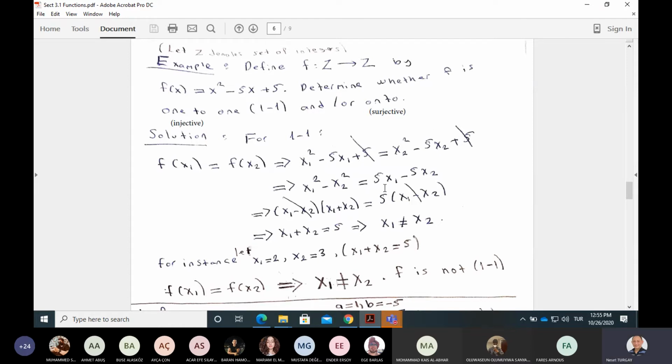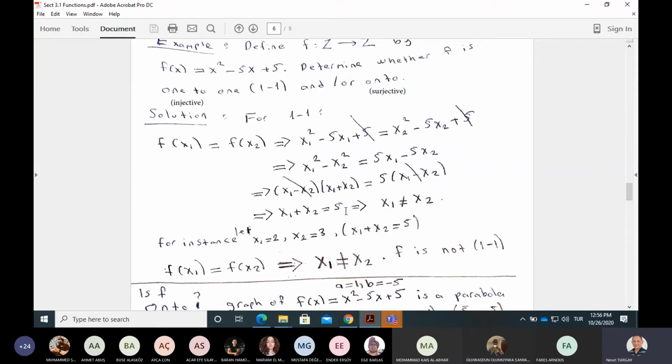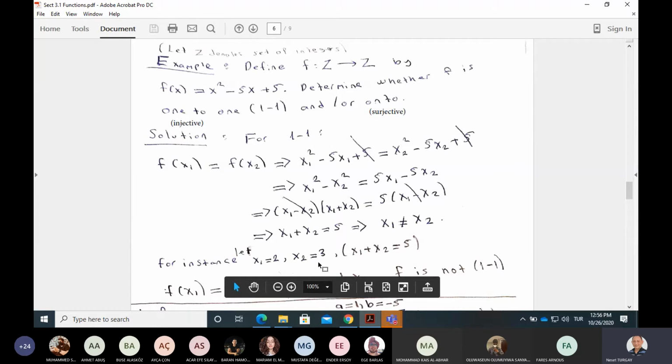Now, this you can write like 5 times (x1 minus x2). In here, you can write x1 minus x2 times (x1 plus x2). This simplifies and you get x1 plus x2 equals 5. Of course, from here you can say that x1 cannot be forced to equal x2, because, for example, x1 equals 2, x2 equals 3, they make 5.